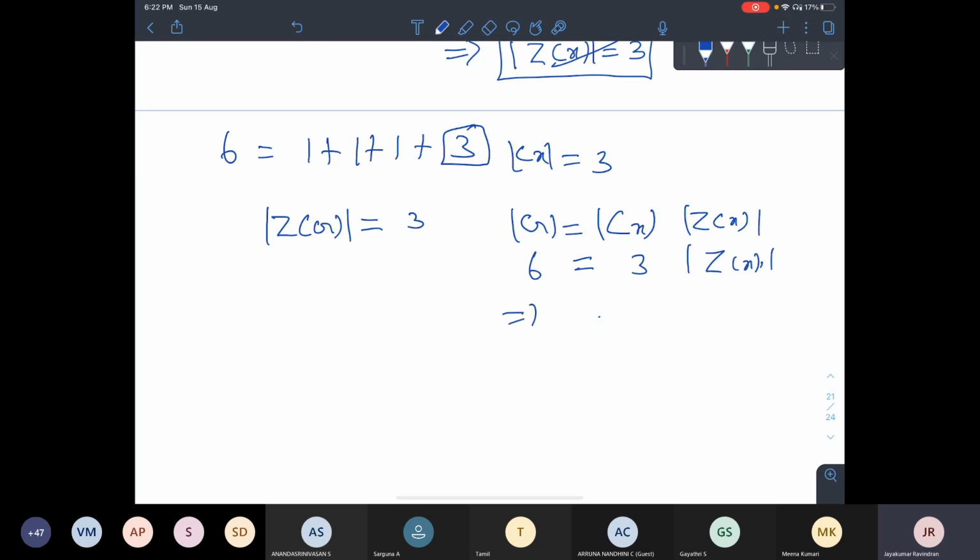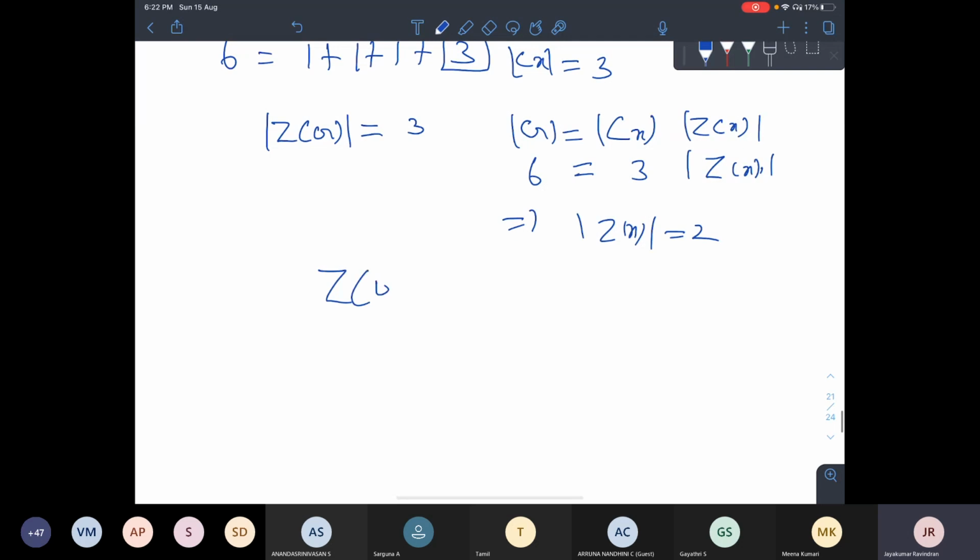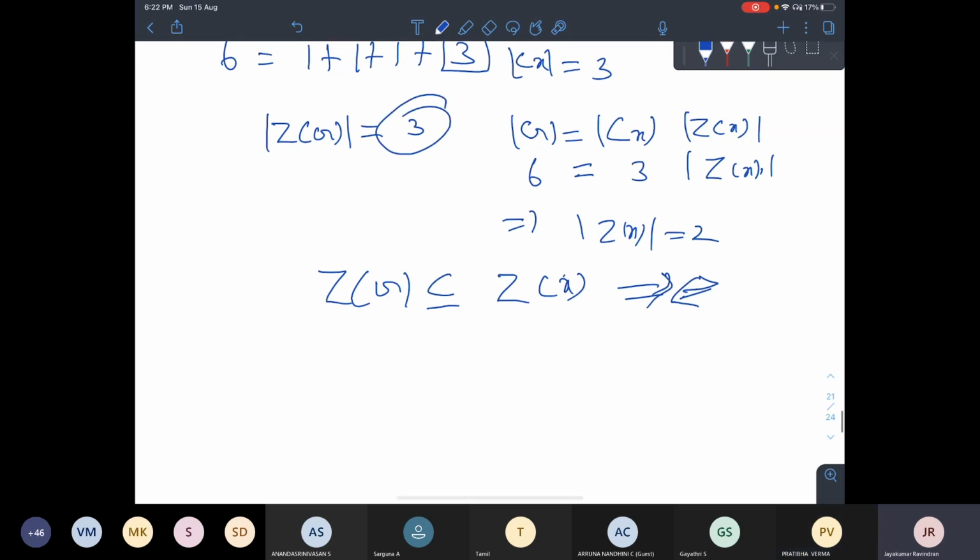That implies Z of x equals 2, which is not possible because Z of G is always sitting inside Z of x, and this is 3, this is 2. I know I'm rushing a little bit, but this idea, like Sylow's theorem, again repeats.